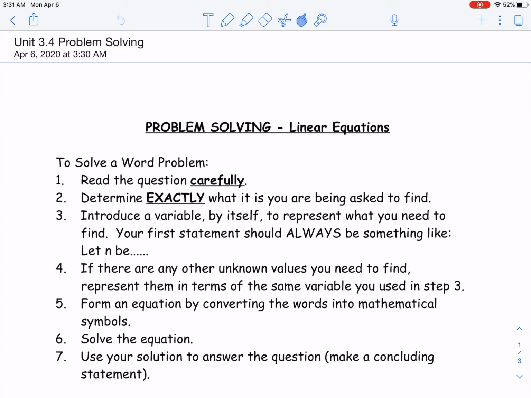And since you only know how to solve equations that have one variable in them, like actually solve them and come up with a number, then that means that we have to create equations that only have one variable in them. So there are steps that you go through to create your equations. Now I'll let you stop the video and you can just read through all of these steps.